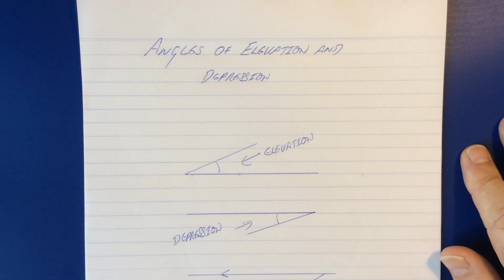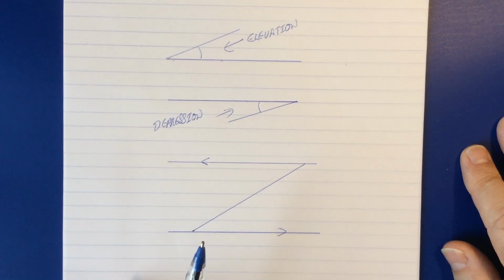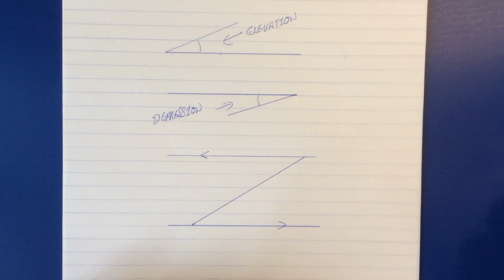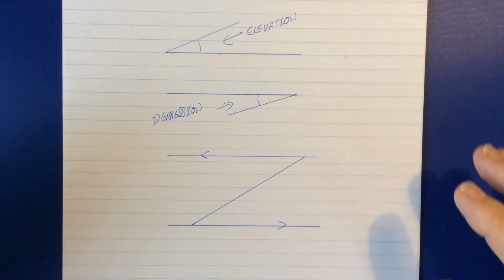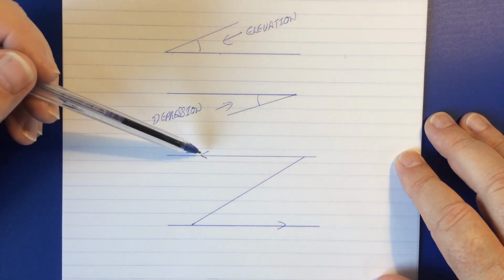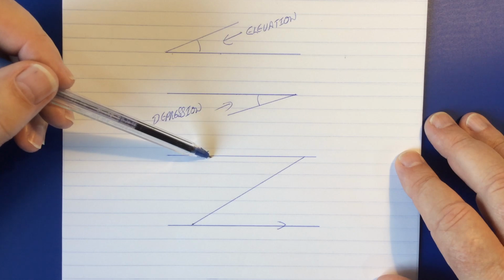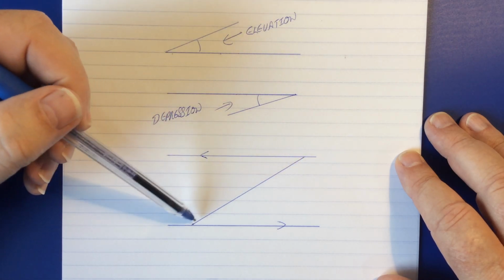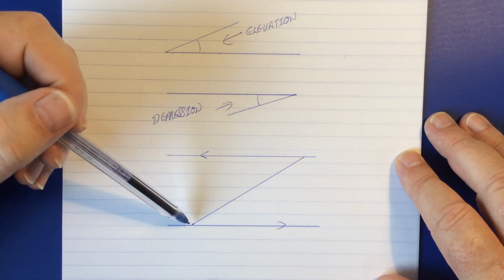Now, what you tend to see in textbooks dealing with this when you're starting out, usually in the middle years of high school or perhaps early high school, is you see drawings like this, two parallel lines and a line connecting them.